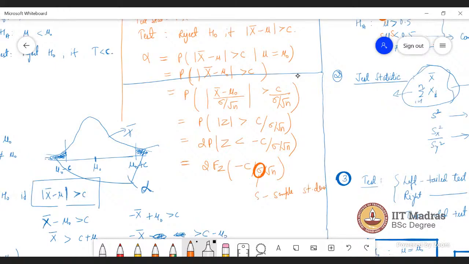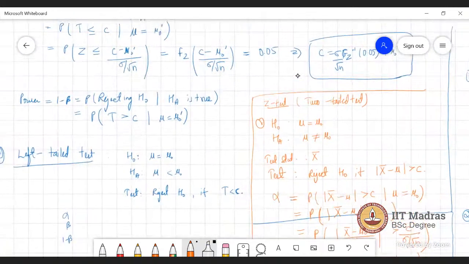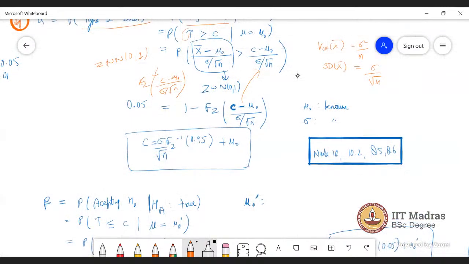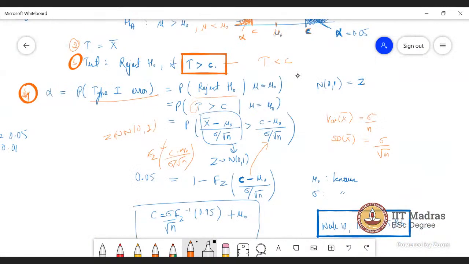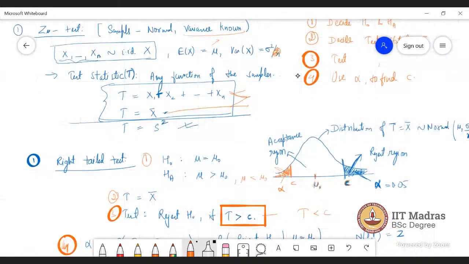So what happens in case of t-test is, again, we use the t-test for testing of mean. But in that case, even though the samples are from a normal distribution and it has a mean mu naught, the variance is unknown, like population variance is unknown. In case of z test, our variance was known, but in case of t test, our variance is unknown.